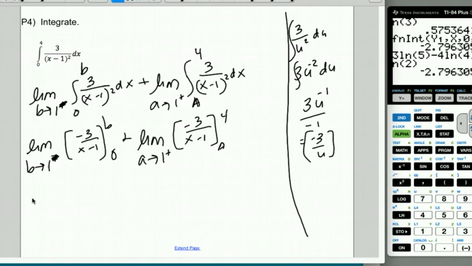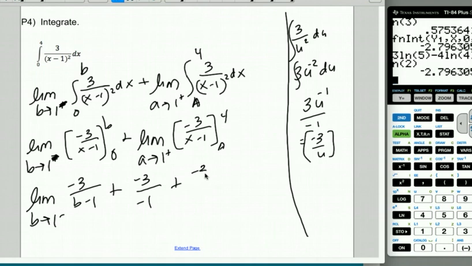When we plug in, again, you're going to be looking at a graph that hopefully we have an idea what it looks like. So from the negative, we have this negative 3 over b minus 1 plus a negative 3 over negative 1, and then this will be a negative 3 over 1 minus the limit as a approaches 1 from the positive of a negative 3 over a minus 1.